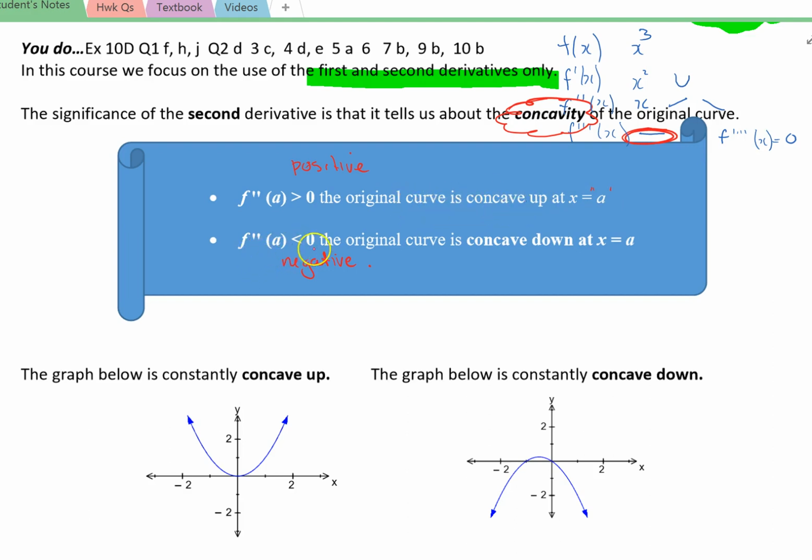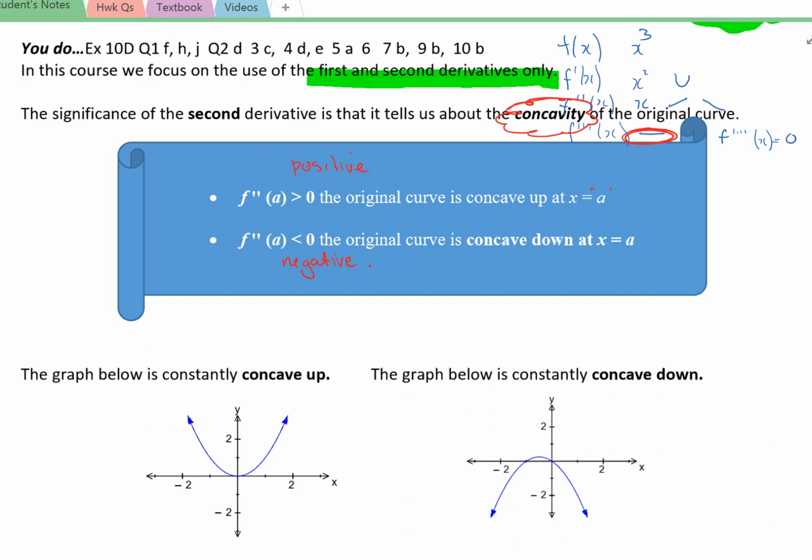And the opposite situation, if you've substituted x with a number into the second derivative and it evaluates to give you a negative, then what you know is that at A, the original curve was concave down.